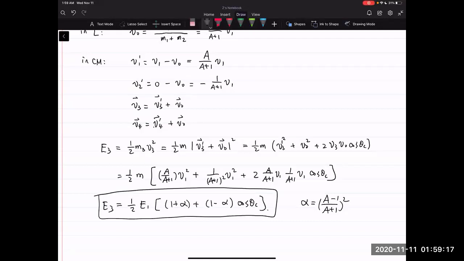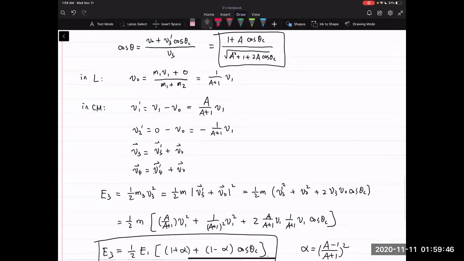And knowing the distribution of theta c, we can also convert that back to the lab coordinate system and look at the angular distribution in the lab frame. In the center of mass frame the angular distribution is uniform. We convert that back to the lab frame using the other equation in the box, the cosine theta relation to theta c, and we can find the angular distribution of theta.